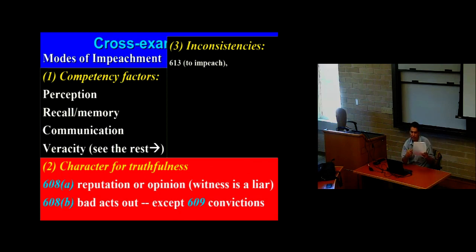These things are inconsistent. Jury, you should know that they're inconsistent, because maybe that shows that I caught them in a lie, their veracity is not good, or maybe I've contradicted them and their story doesn't make sense.